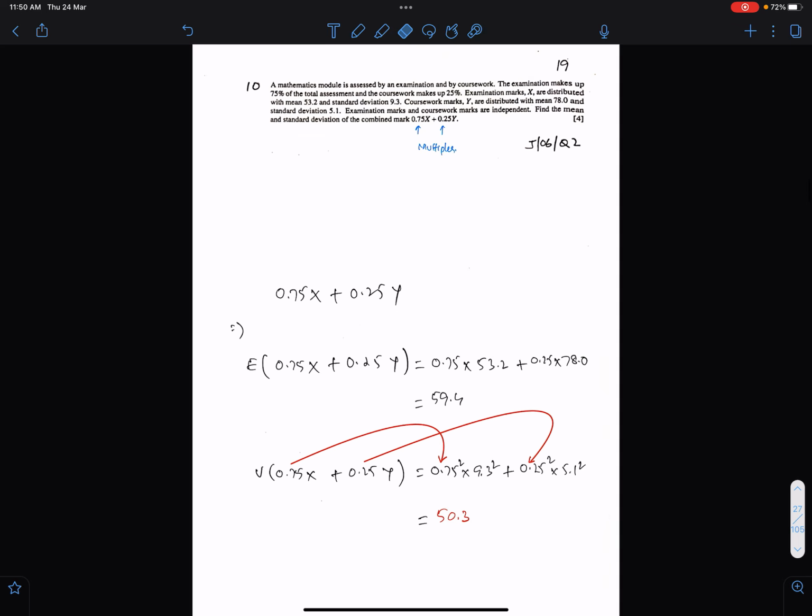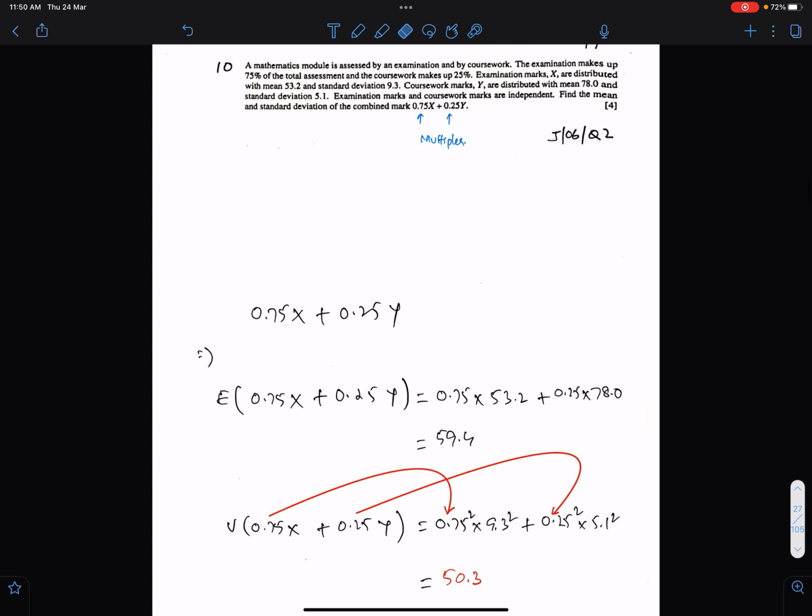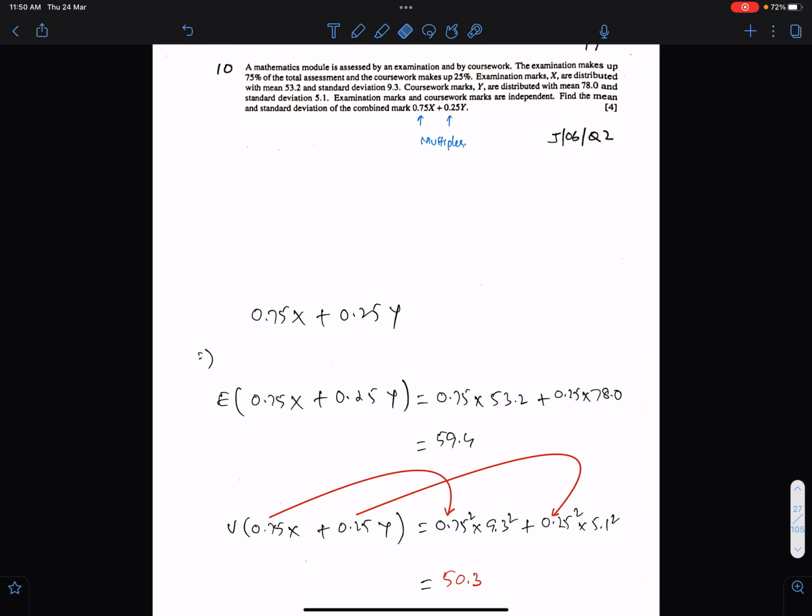You can check this solution again. In variance, you have to square the coefficients of the variables. These two things are very important.